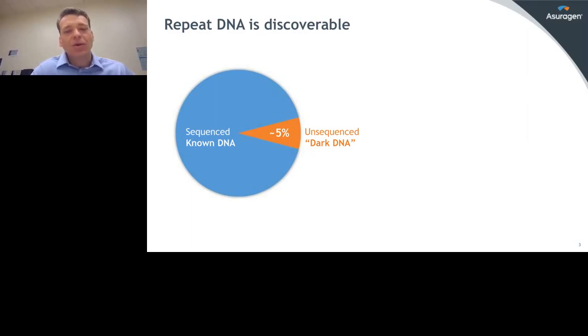Although we don't know the exact sequence of this dark DNA, we do know that it's comprised of mostly repetitive DNA.